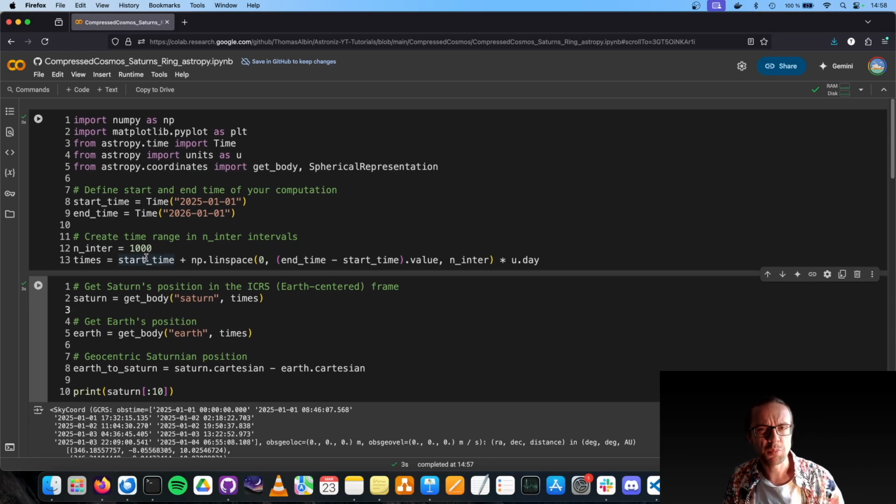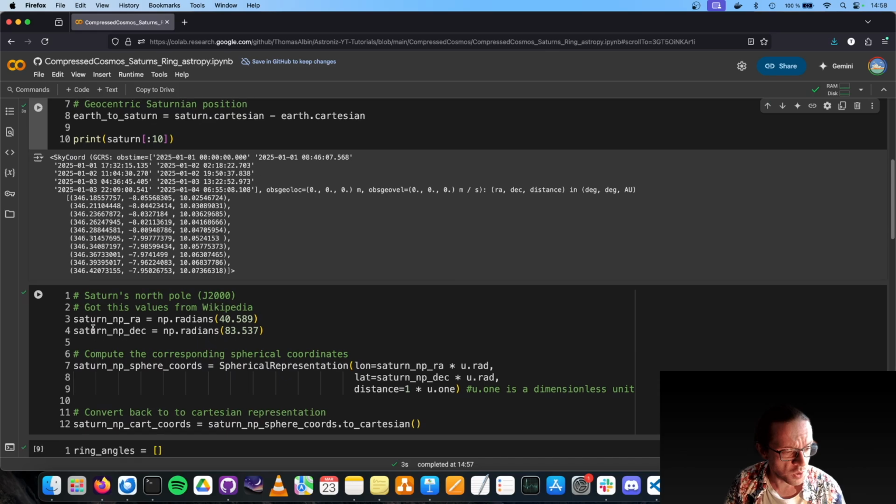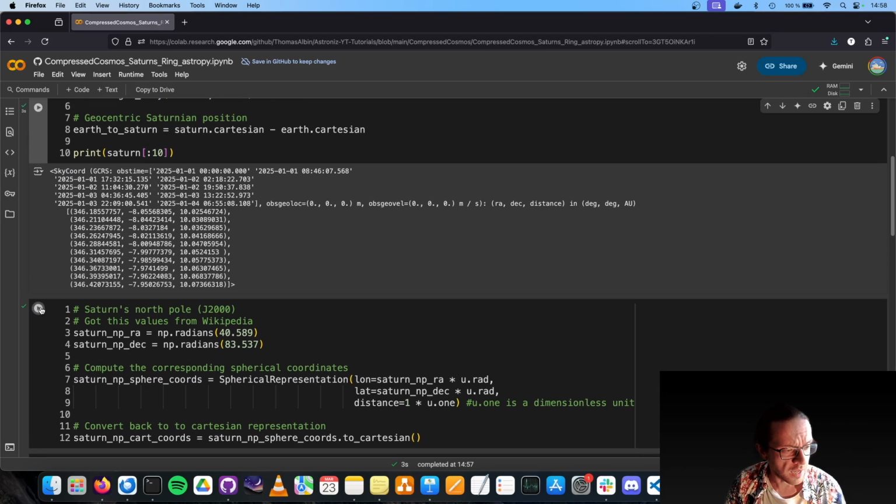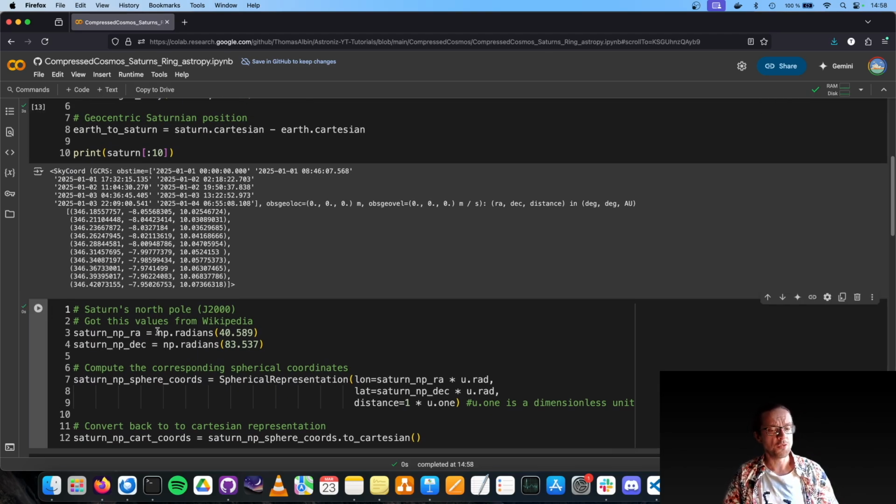After computing the position of Saturn from Earth, so we are now looking at Saturn from our home planet, we compute the coordinate system of the rotational axis, so where the north pole of the rotational axis of Saturn is, because we assume that the ring of Saturn is perpendicular to the rotational axis.